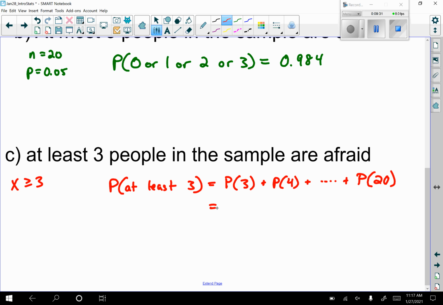Our lower bound here is 3, and our upper bound is 20, and we should be getting a 0.075. Now, another shorter way to do this, too, this is actually the quickest way, but we could have done the probability of 0 plus the probability of 1 plus the probability of 2, and then just subtracted it from 1. But again, this is the quickest way.